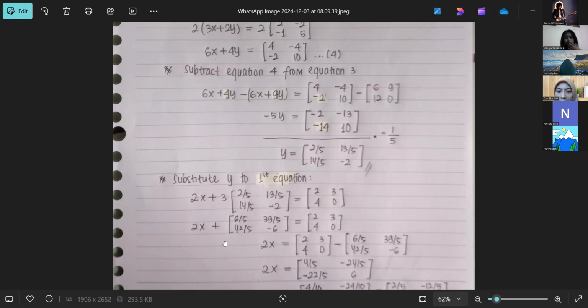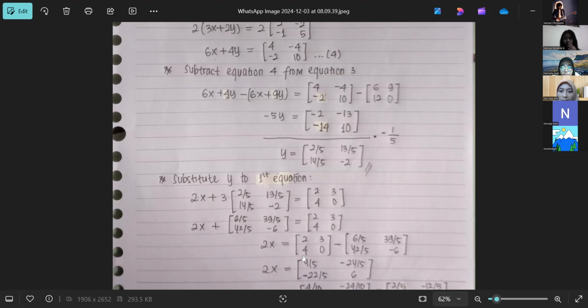And then I subtracted all of the segments with this one matrix, and for this segment, this one zero matrix, we know that the value of zero matrix is 0. Then 2x is equal to matrix 2, 3, 4, 0 subtracted by matrix 6 over 5, 39 over 5, 42 over 5, negative 6.